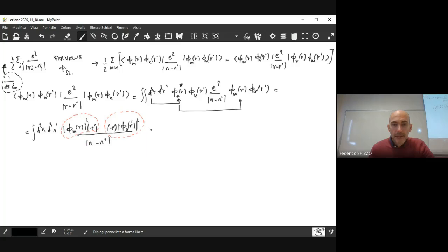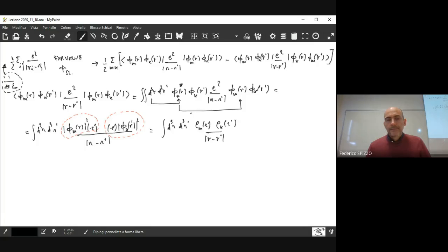So this can be written in a slightly different way as the integral over d3r and d3r prime of the charge density of level m in position r, times the charge density of level k in position r prime, divided by r minus r prime. So this is a sort of point-to-point interaction between the charge densities corresponding to the two levels. As we will see later, this will have an expression that is quite close to the expression that we obtained with the Hartree model.